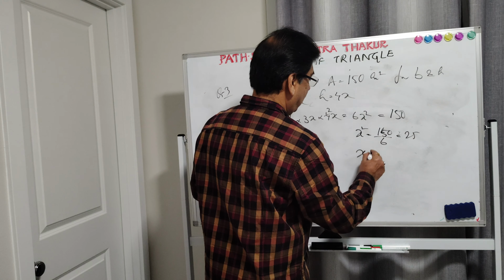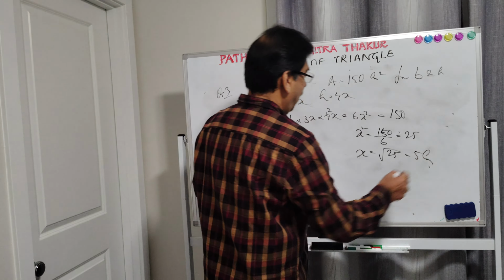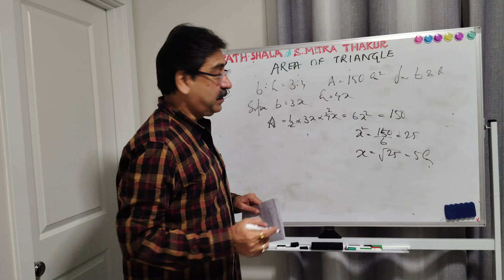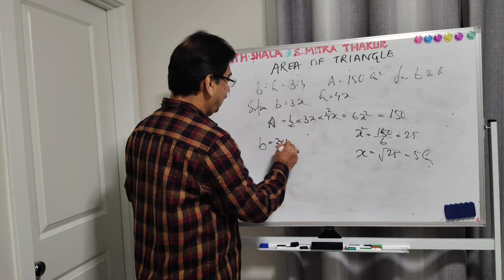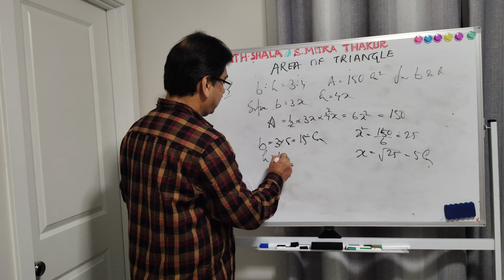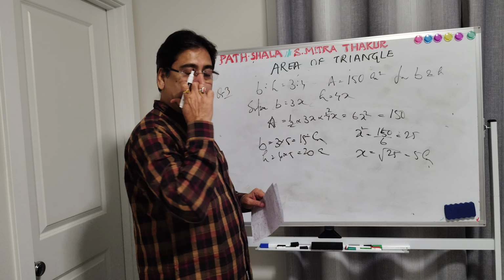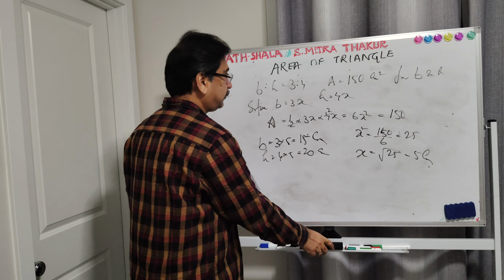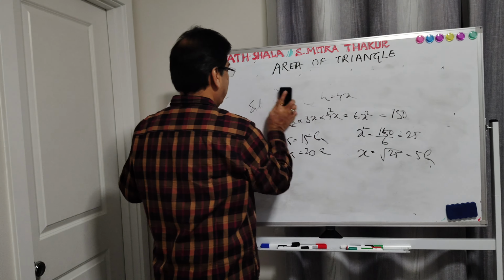So x will be root over 25, that is 5 centimeter. So base is 3x, 3 into 5, that is 15 centimeter, and height is 4x, 4 into 5, that is 20 centimeter. So you can do it this way if it is given in a ratio, right?